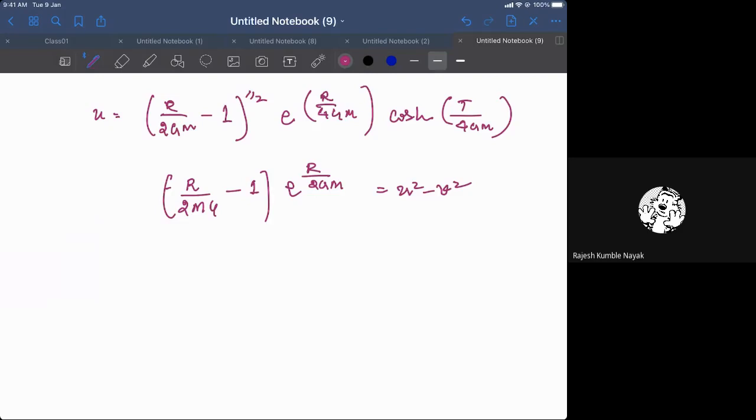You can simply say that u is equal to sqrt(u square minus v square) into cosh(t by 4GM). Now you have the t coming in. So t going to minus infinity and plus infinity, both would make u equal to 0. One goes to 0 and the other goes to infinity, right?